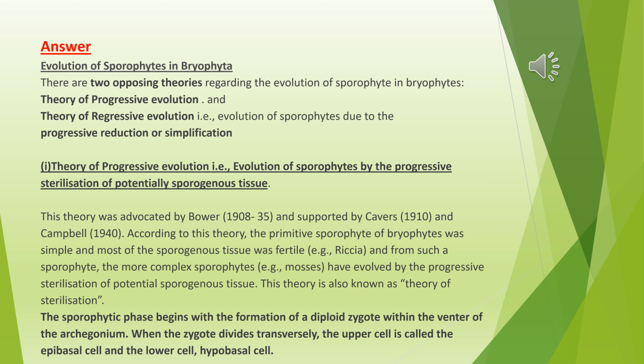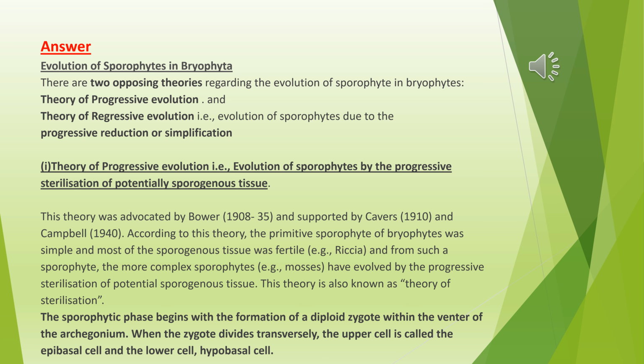This theory was advocated by Bauer, 1908 to 35, and supported by Cavers and Campbell. According to this theory, the primitive sporophyte of bryophytes was simple and most of the sporogenous tissue was fertile, for example, Riccia. From such a sporophyte, the more complex sporophytes, for example mosses, have evolved by the progressive sterilization of potential sporogenous tissues.